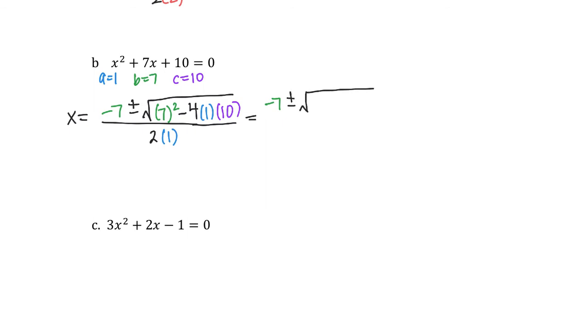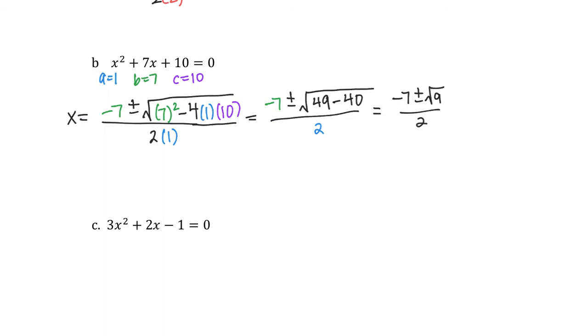Okay, 7 squared is 49. Minus 4 times 1 is 4. 4 times 10 is 40. Okay, 49 minus 40 is 9.